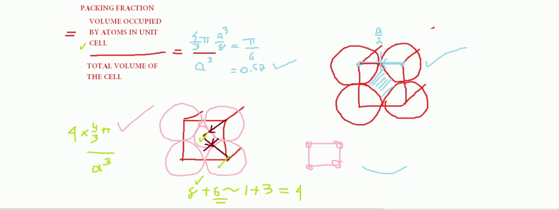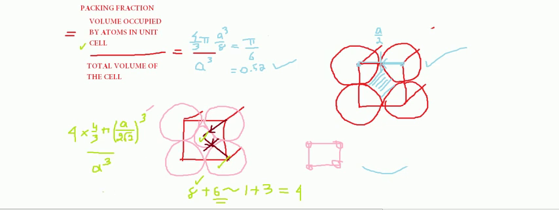Do you remember what is the radius of face centered cell? The radius was a by 2 root 2. If you go back to the lecture, you can find this is discussed earlier. So that was a by 2 root 2.